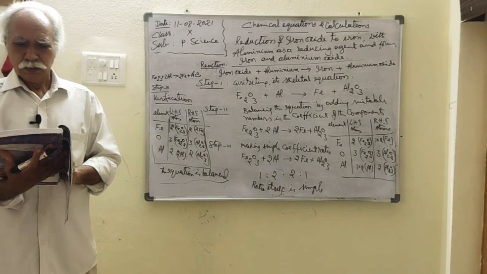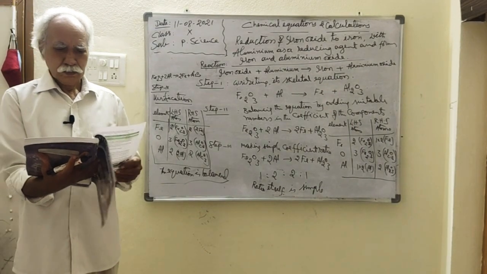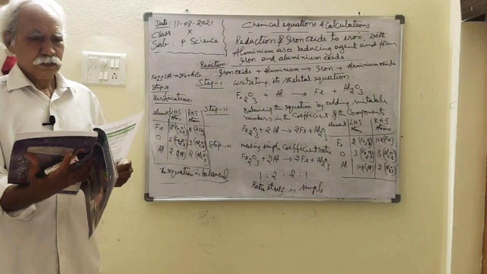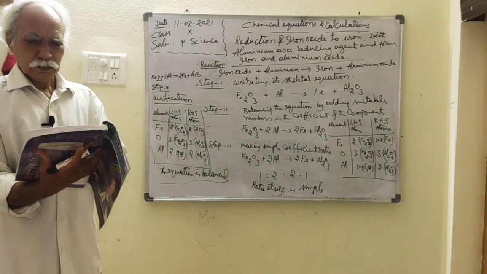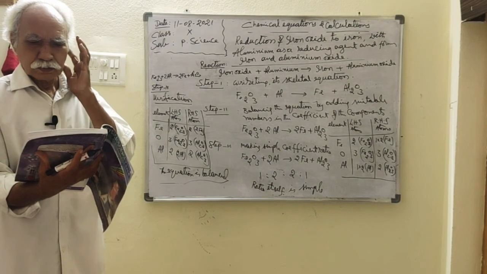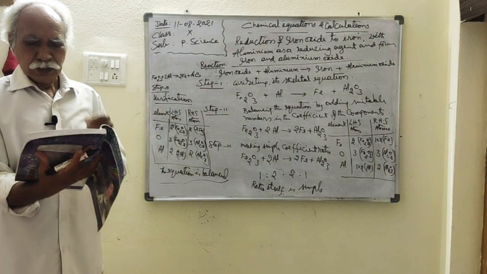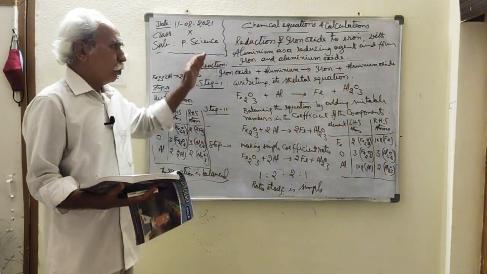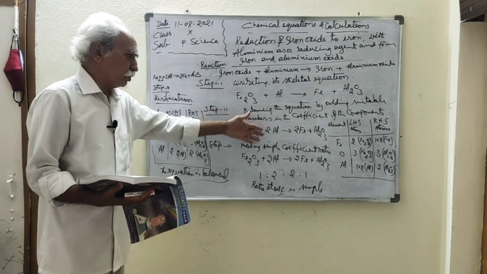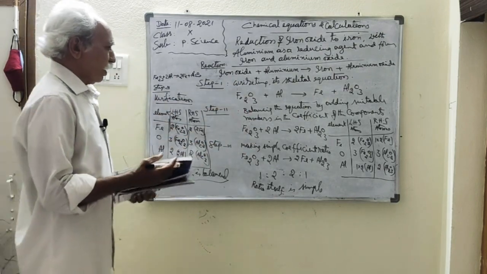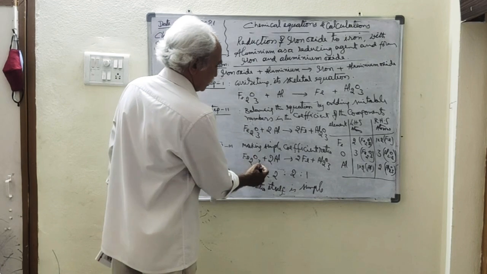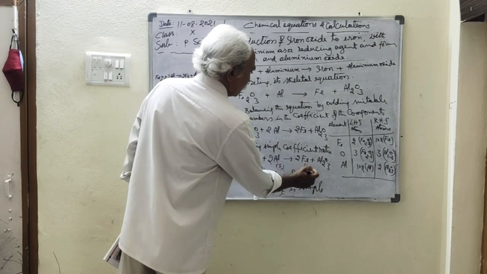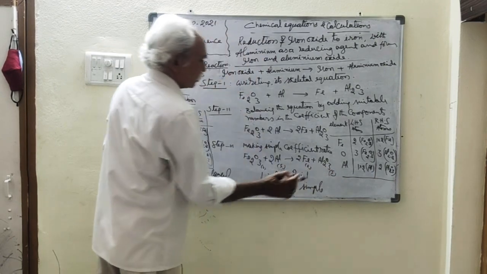So like this you have to balance the equation in stepwise method. Okay. So we have to make the equation more informative. Just by using this equation, we find here is a solid state, solid, and here also it is a solid. All these are solid state.